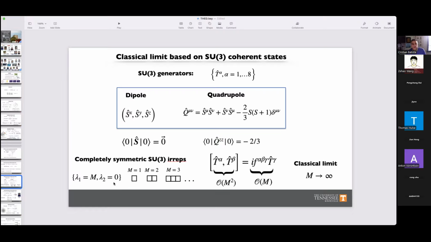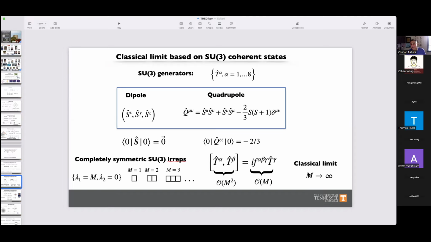There are different kinds of representations, so we consider this family of so-called completely symmetric representations, where the label M corresponds to the number of boxes in this Young tableau, right? So basically, once again, one can see that when M increases, this is quadratic in M, and this is linear in M.